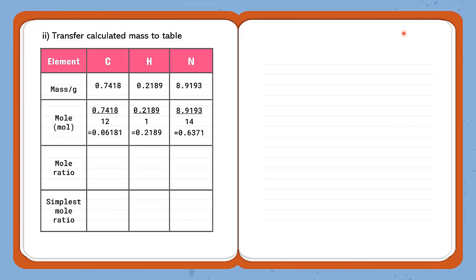Next, for the mole ratio, look for the smallest number of mole from all three elements. For carbon, we have 0.06, hydrogen 0.21, and for nitrogen 0.63. Out of these three elements, the smallest number of mole belongs to carbon.